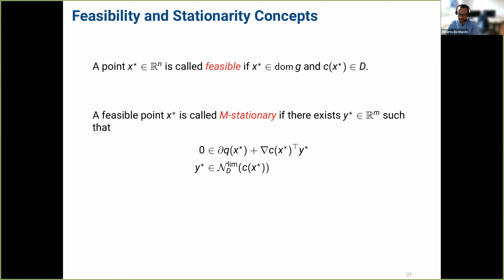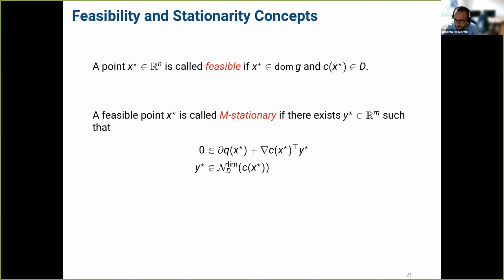And then we introduce this definition of stationarity, in the sense of Mordukhovich. And so we have two parts. First I want to say that if G is smooth and D is convex, then these conditions go back to the standard KKT conditions for nonlinear programs.